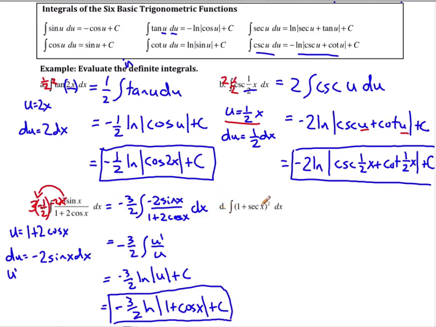Here I see 1 plus secant x squared. So here, let's try to let u be the inside of our composite function. So we're going to let u equal 1 plus secant x. And let's go ahead and find du. Derivative of 1 is nothing. The derivative of secant is secant x tangent x dx.